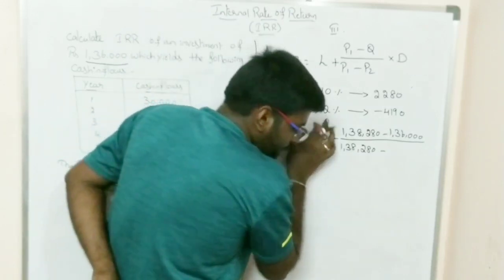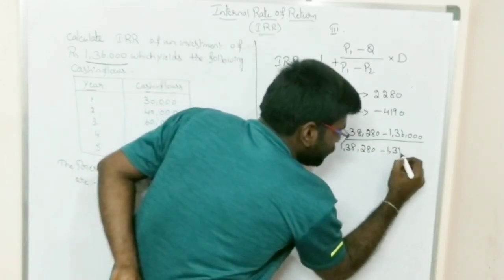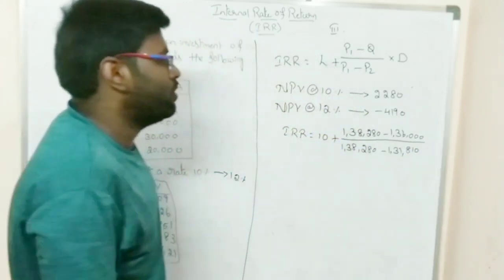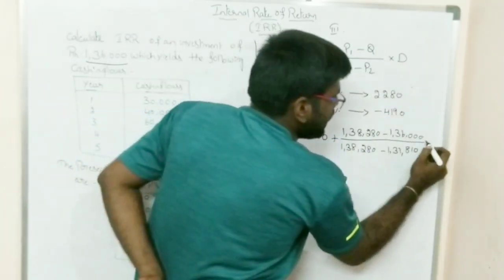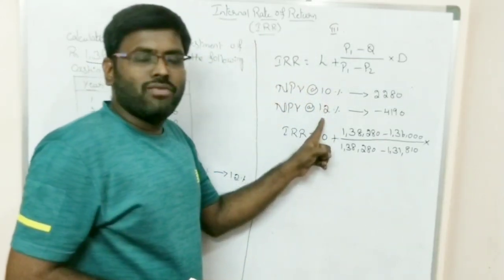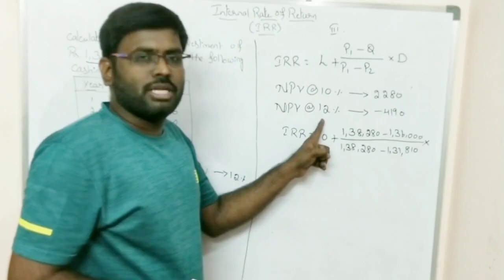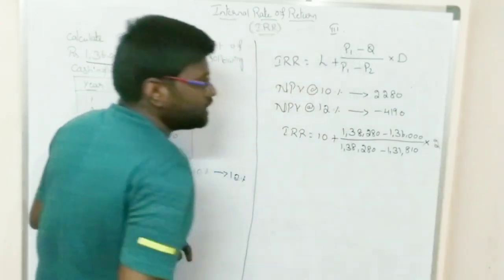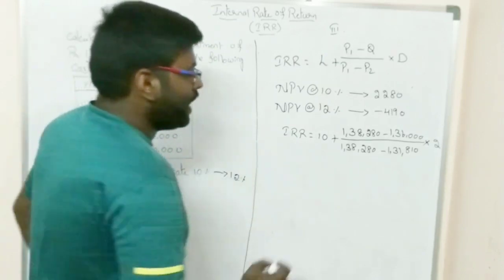At 12% we got 1,31,810, into D, the difference in rates. Here we take 10% and 12% for the calculation of net present value, so the difference will be 2%. That is how we substitute the values.